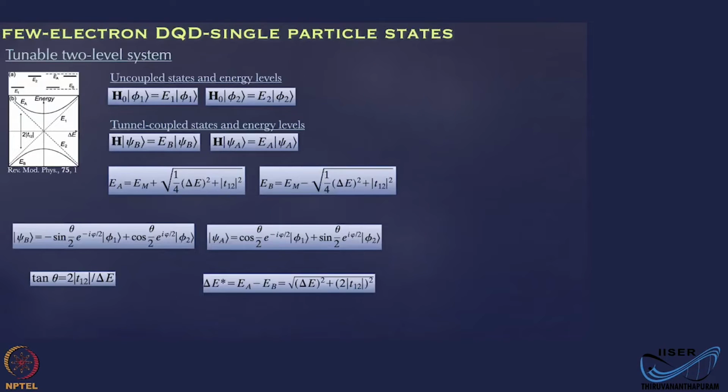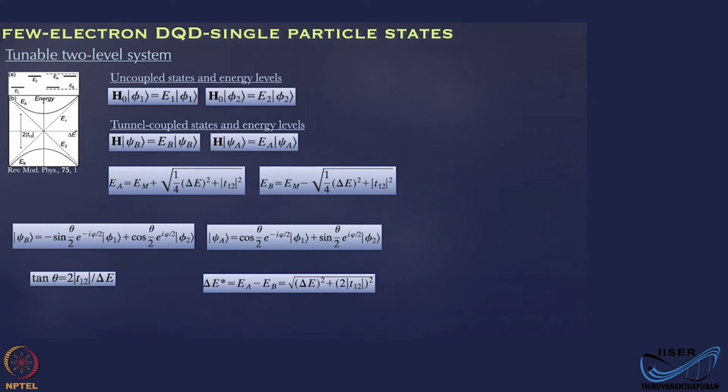Now, when you move to a few-electron double quantum dot system, you need to worry about the single particle states and their interactions with each other. So these double quantum dot systems are artificial molecules.